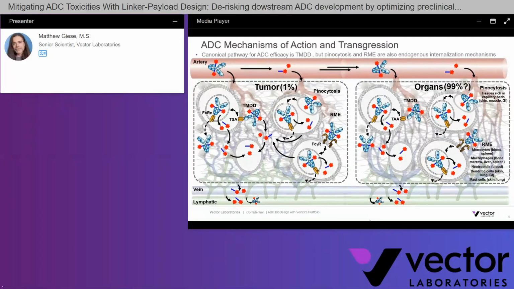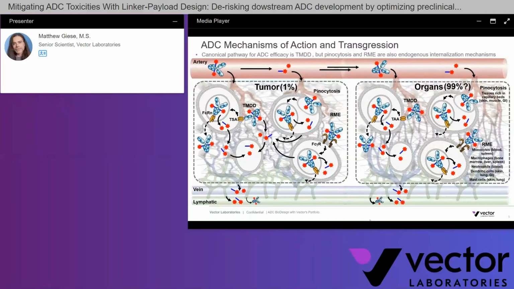So properties such as size, aggregation state, multimeric state, hydrophilicity, charge, and even spatial arrangement can affect things like extravasation, tumor penetration, cellular internalization, diffusion into and out of cells, interactions with cell membrane surfaces, and interactions with the various FCGRs.